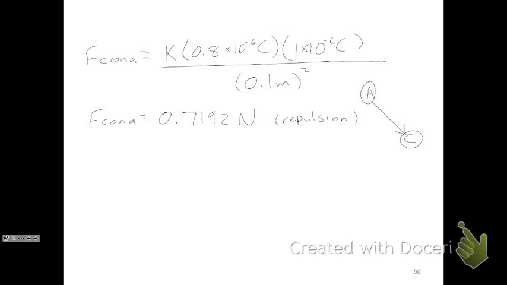Okay? So we know that this is 0.7192 newtons. So that is both horizontal and vertical, right? So now we have to split this up into the horizontal force and also the vertical force.